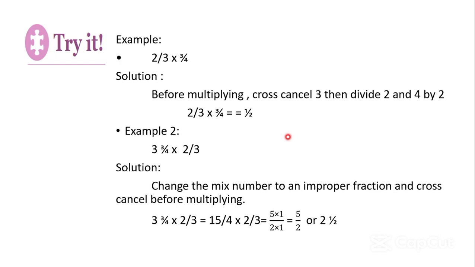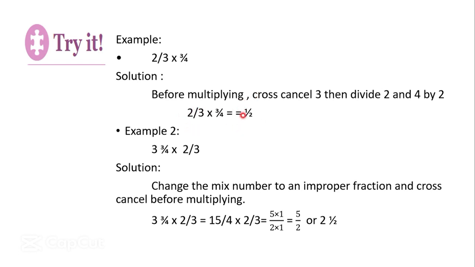So you can choose. 6 over 12 can be divided by 2 or by 3, but we can use the GCF 6 to divide 6 and 12. 6 divided by 6 is 1 and 12 divided by 6 is 2. Still, you have the same answer.